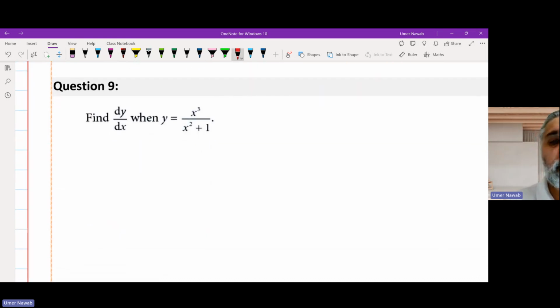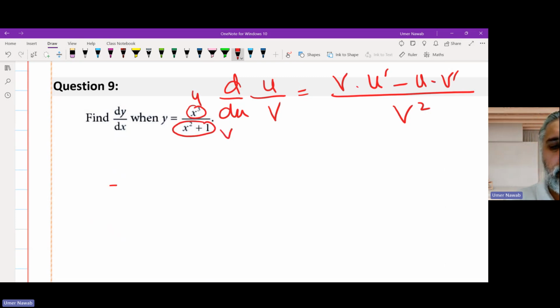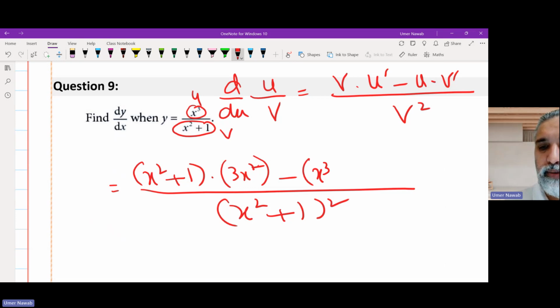Now, for the quotient rule, guys, whenever you have two functions in division form, their derivative, as I told you, is over v squared, then v u prime minus u v prime. So this is u and this is v. I'm going to write (x squared plus 1) whole squared in the denominator, and x squared plus 1 as it is. The derivative of x cubed is 3x squared, minus x cubed as it is.